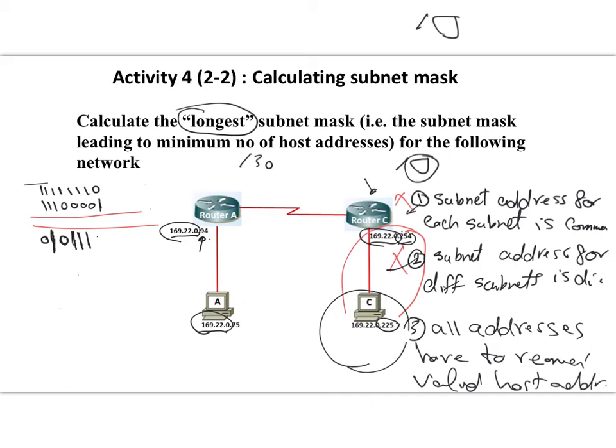So this is 64 plus 30, and this is 30. I think it's like this. Someone might verify this for me. I think it's correct, but it doesn't matter so much. I will let you know why.